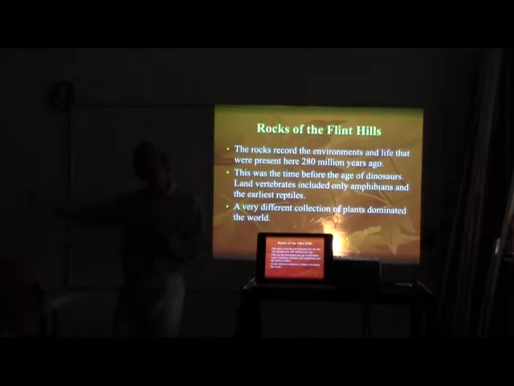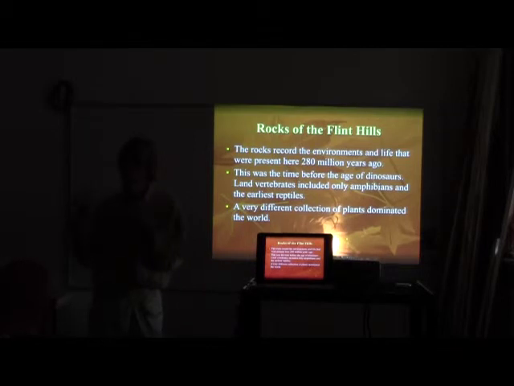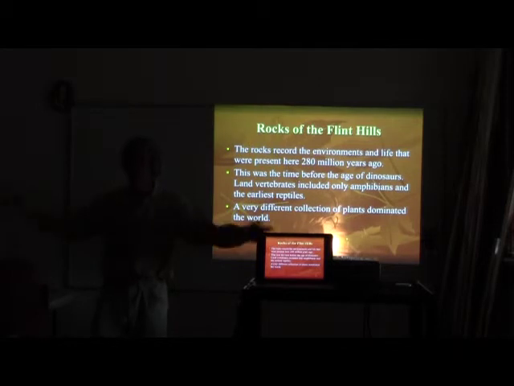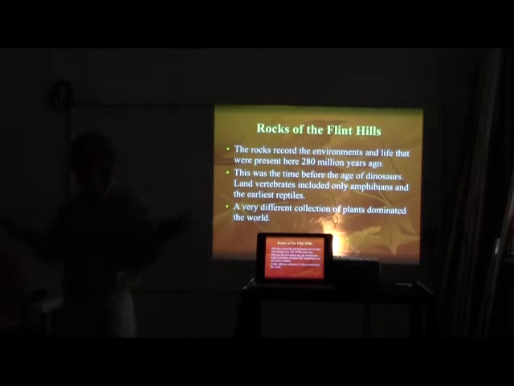There were amphibians before that. Amphibians extended back much further in Earth history. But first reptiles had only just appeared fairly recently. So you have primitive reptiles, no mammals, no dinosaurs, no birds, no flowering plants of any kind.